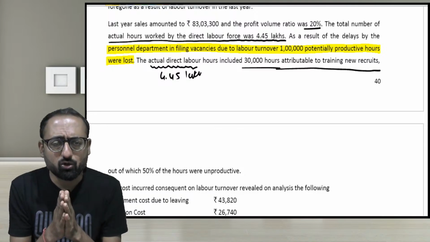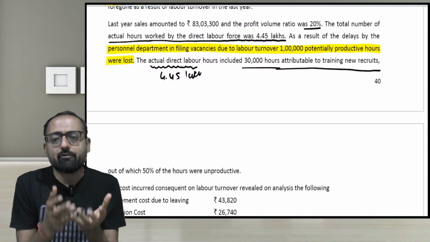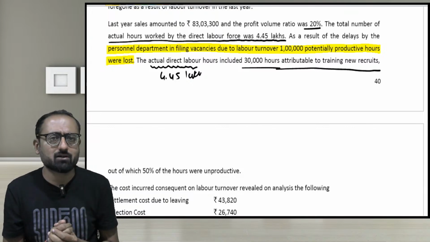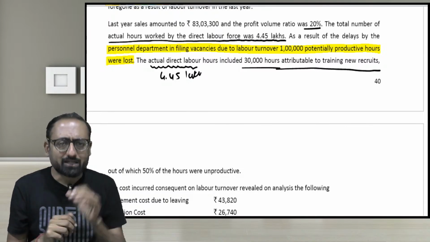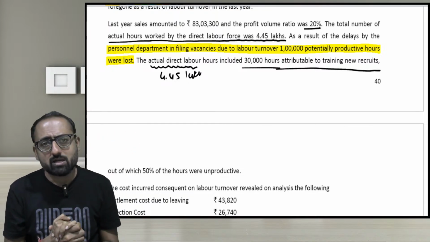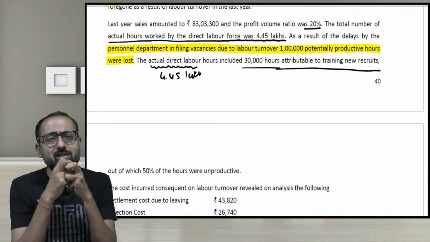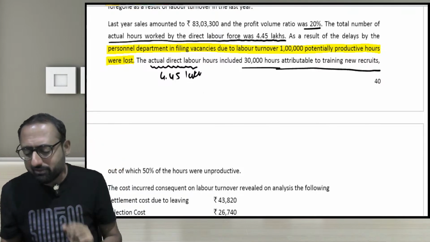Because of the labor turnover, a new worker will join and you'll have to give the training. So this is a direct cost of the labor turnover: training, settlement cost to the old worker, selection cost and recruitment cost of the new worker. These are the directly associated costs with the labor turnover.